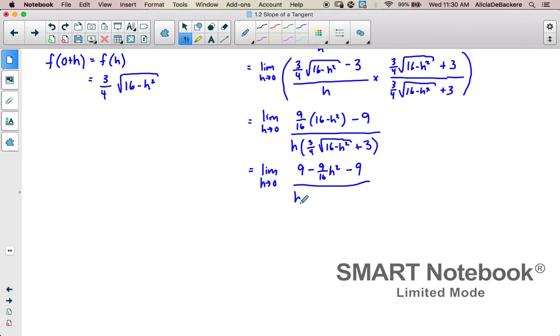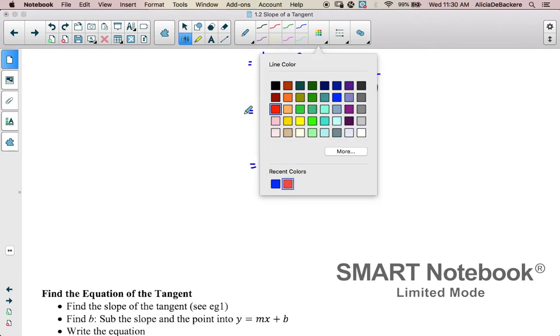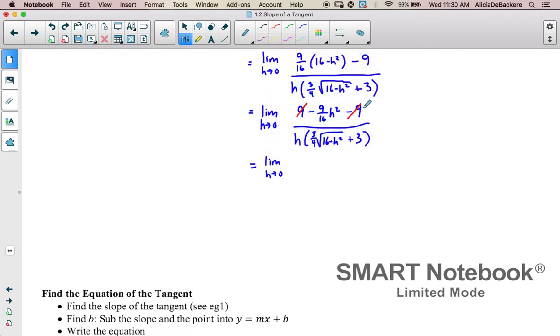And there's our good news, right? That's a subtraction. Okay, so now I've got 9 minus 9 in the numerator. So those guys are going to cancel out to 0.